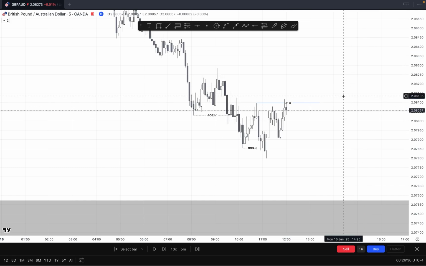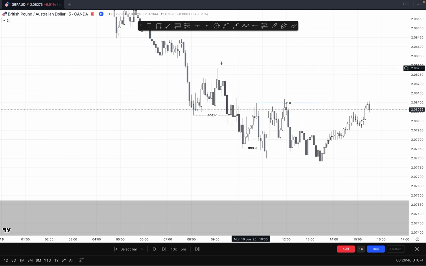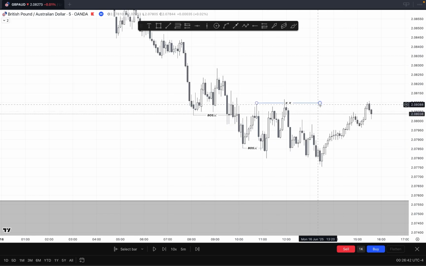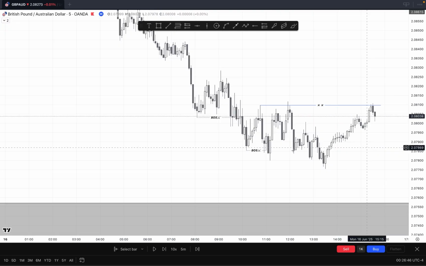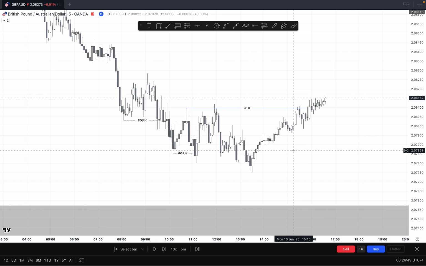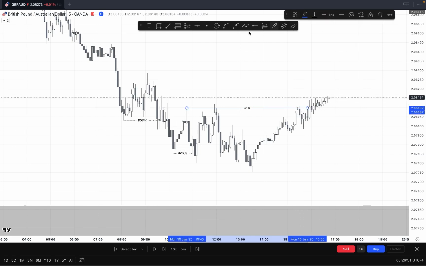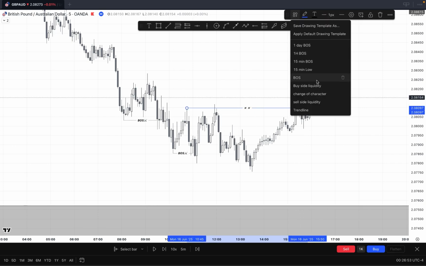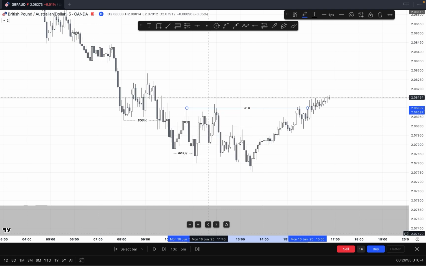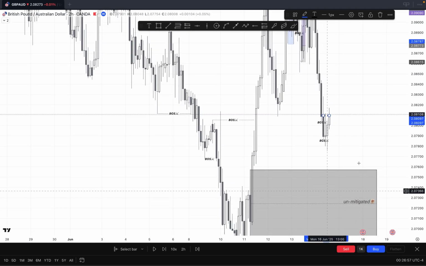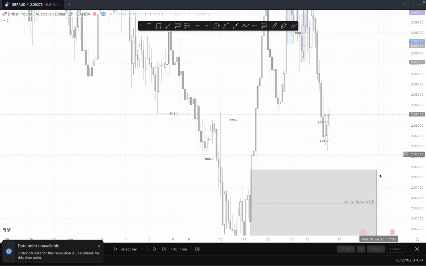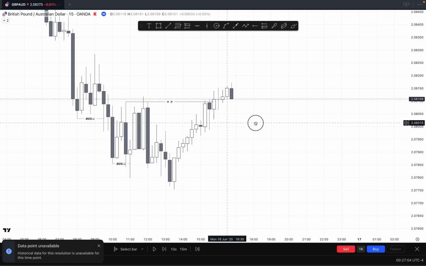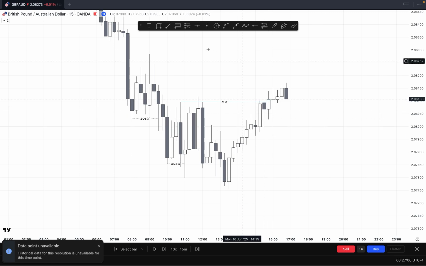Let's see. All right. Break structure. Let me just go back here to make sure that. Okay, good. I'm valid. Okay. Breaker structure here, order block here.